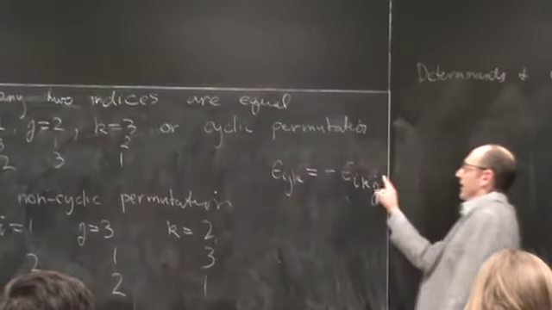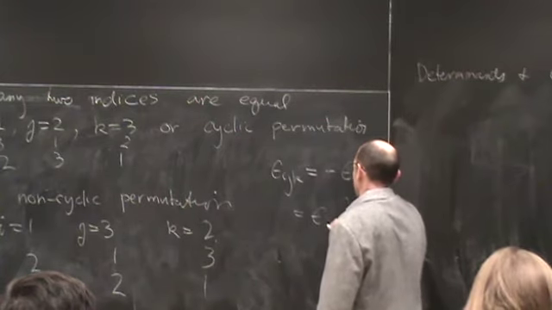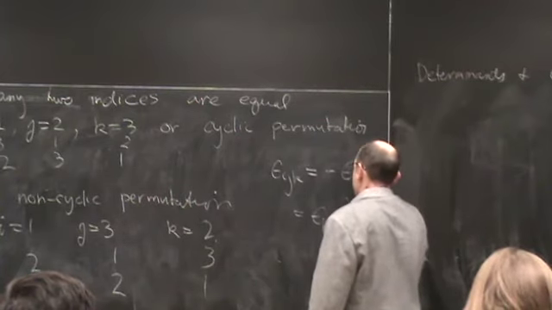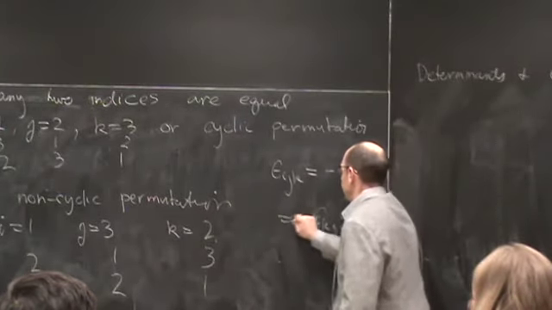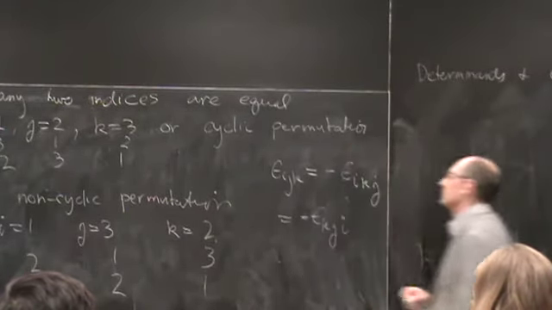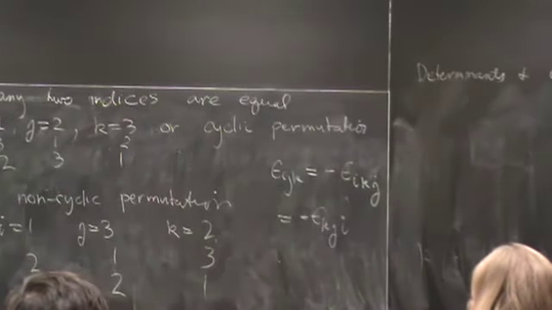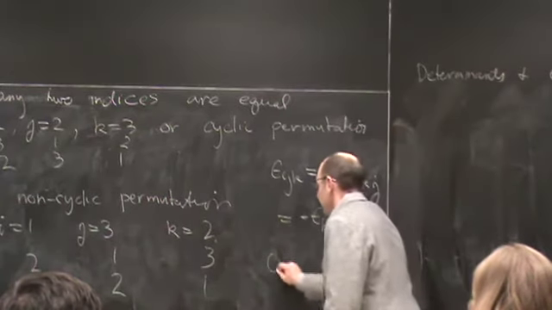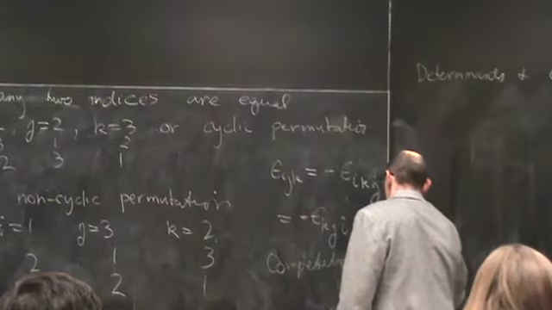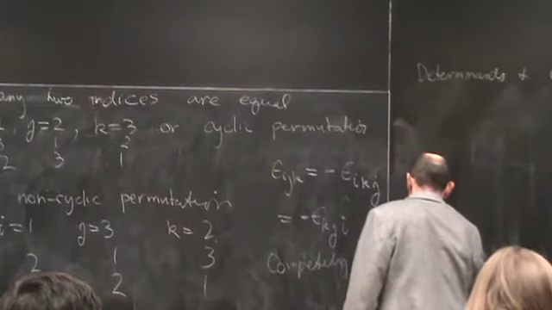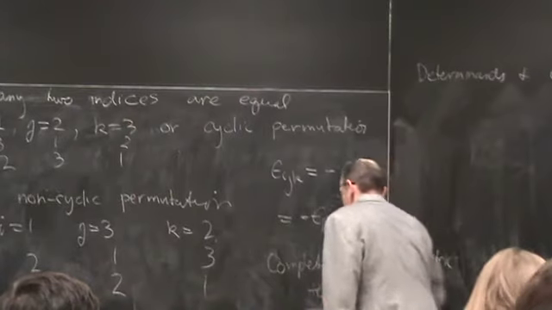If I flip any two indices, I get a minus, because of this non-cyclic permutation. So it's sometimes called the completely antisymmetric tensor. We'll get to tensors.